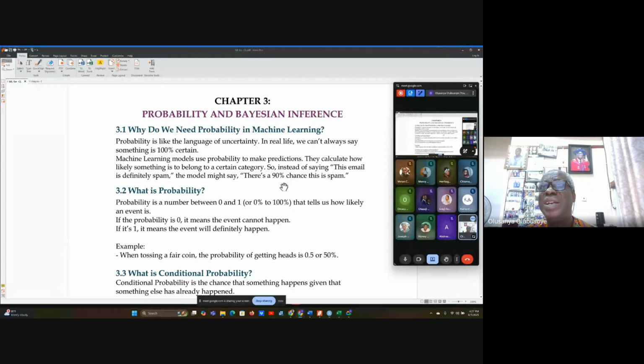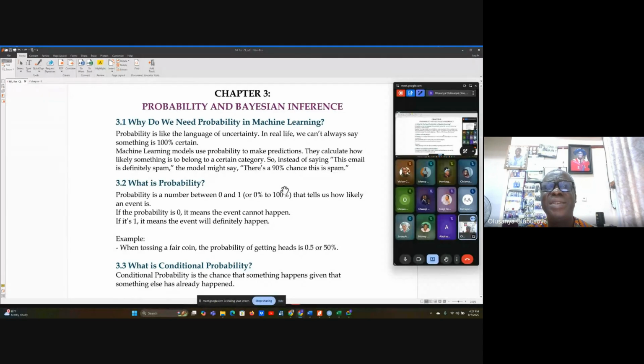So in daily language, you can hear words like "the chance is high" or "is most likely", but without putting numbers, without putting quantities. That is not probability.